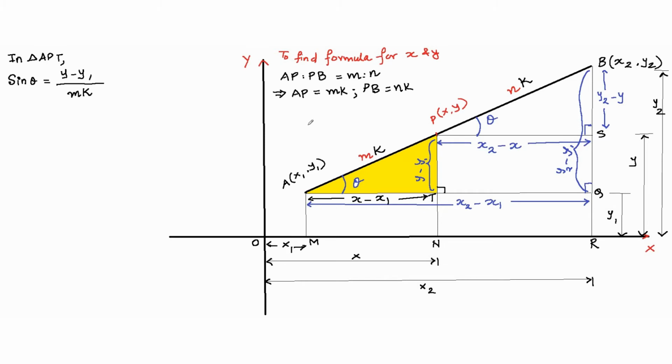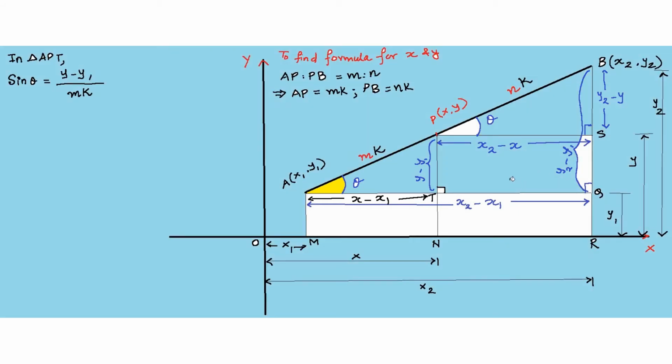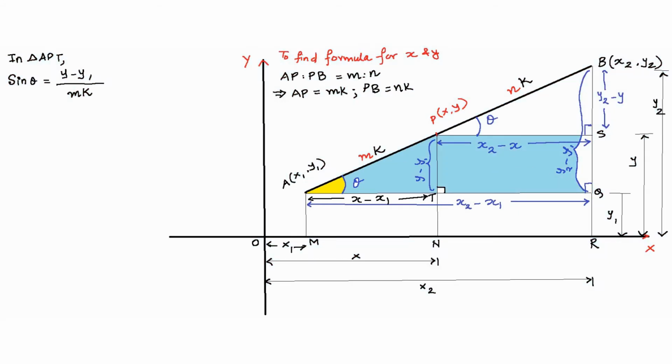Similarly, now I am going to consider the whole triangle, which is AQB. AQB is also a right angle triangle with the same angle theta.